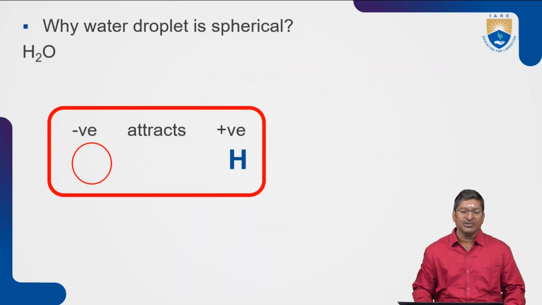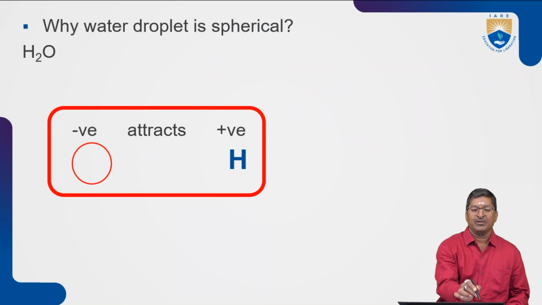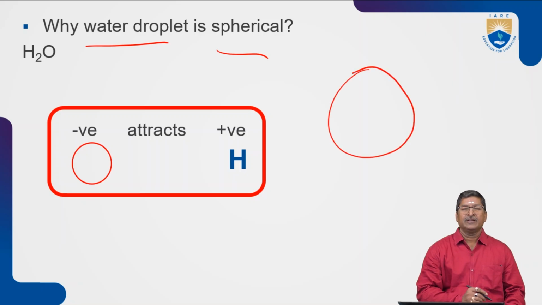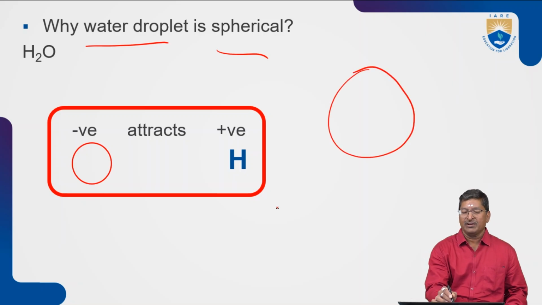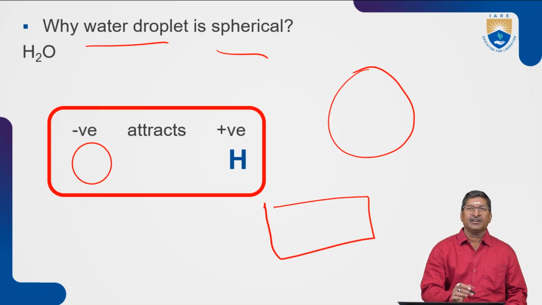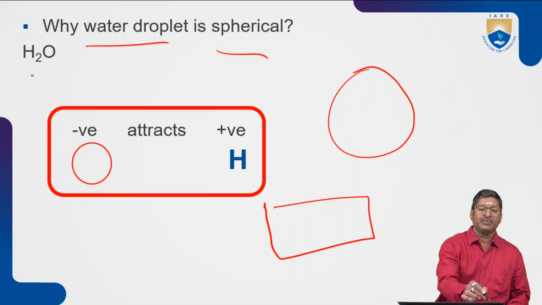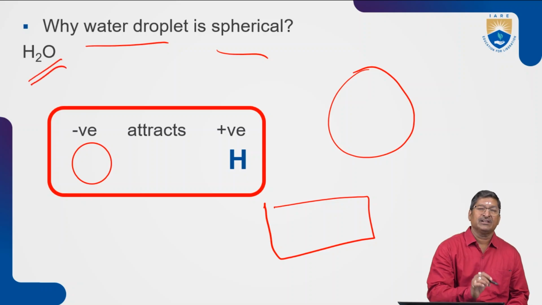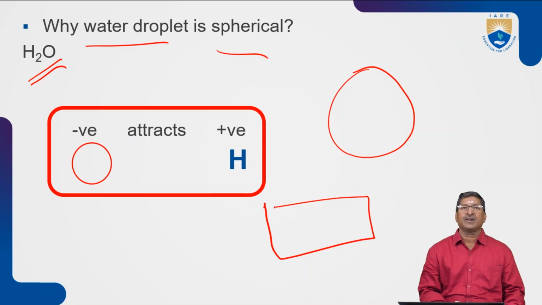Before going to that, why is this water droplet spherical? Spherical means like this. Why will a water droplet be like that? Why not a rectangular shape and so on? Basically, water is made up of two elements, oxygen and hydrogen.